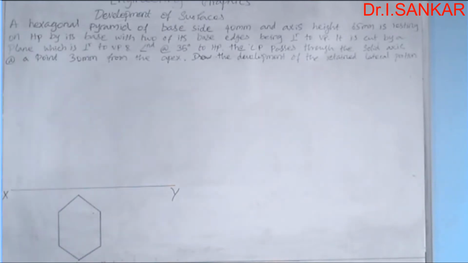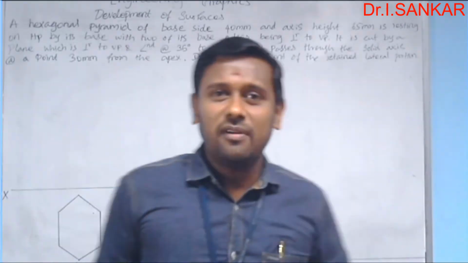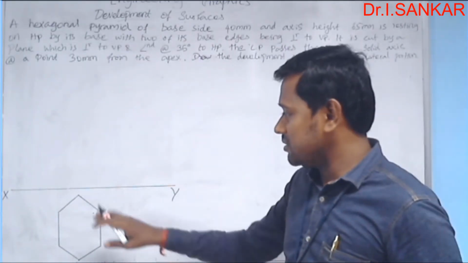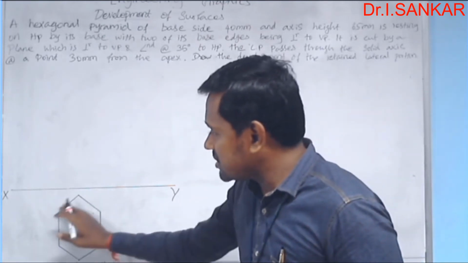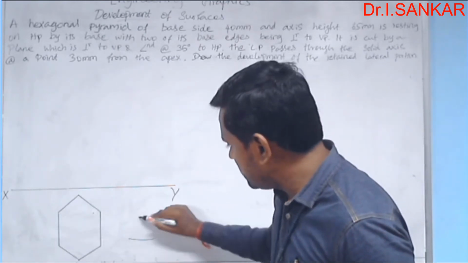I just drew the hexagon, but it is not the true hexagon. It's an approximate hexagon only for demonstration purposes. I am not taking any serious measurements here. And why did I draw this hexagon in this alignment instead of that alignment?